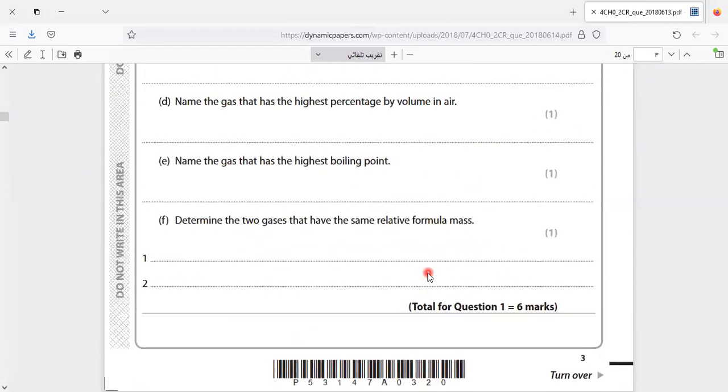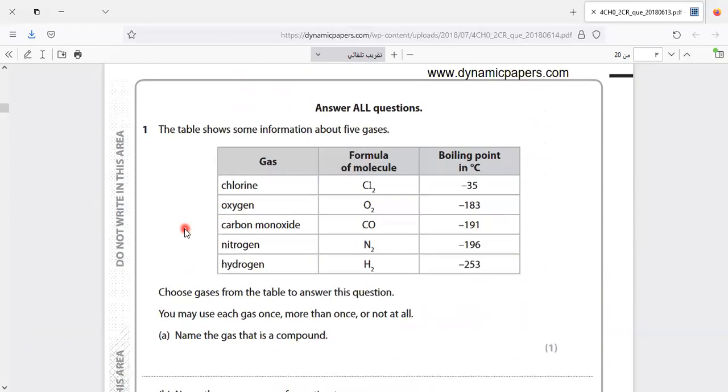Letter F. Determine the two gases that have the same relative formula mass.